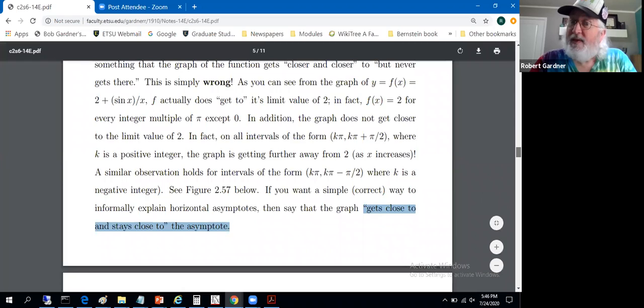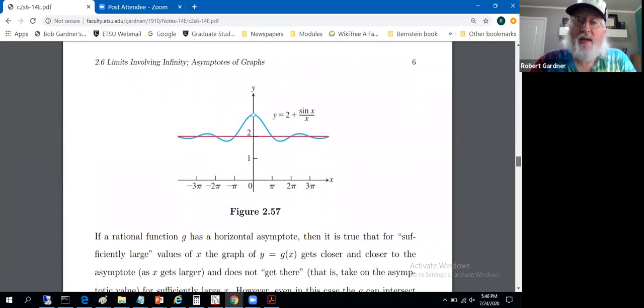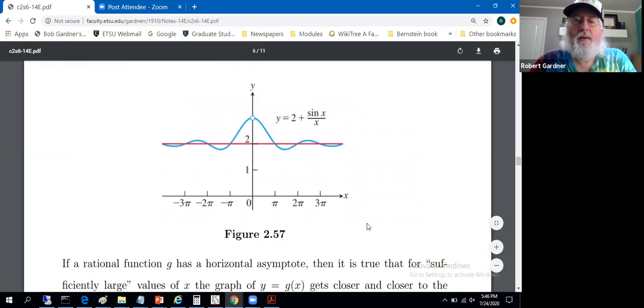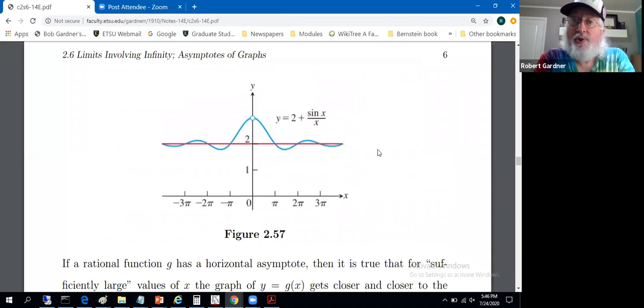Here's where, if this is in your head about closer and closer but never gets there, here's how it got in your head. It's a trig function that's allowing this thing to oscillate. If I dealt with rational functions on one side, eventually you'd see it getting closer and closer to the asymptote and never getting there.